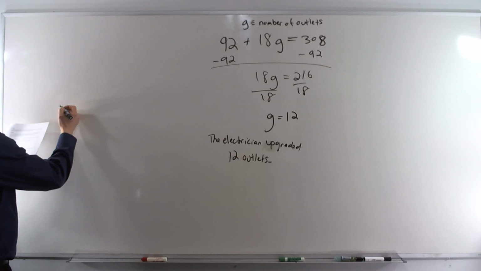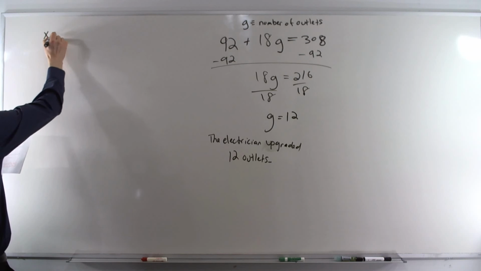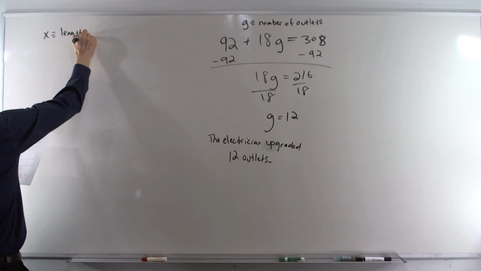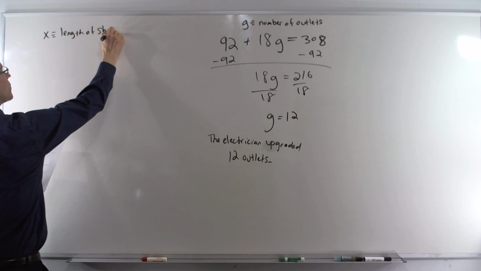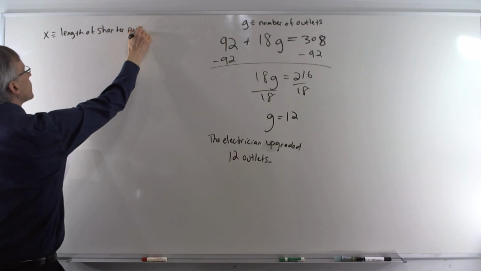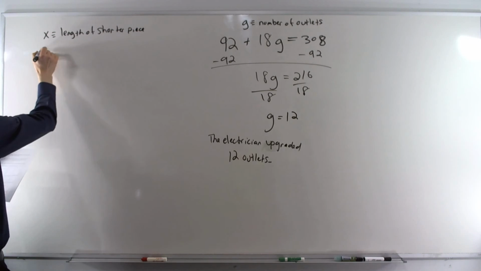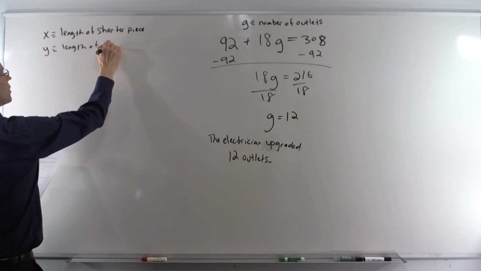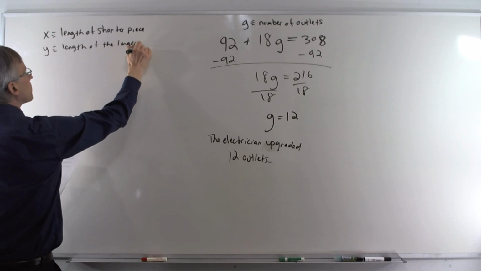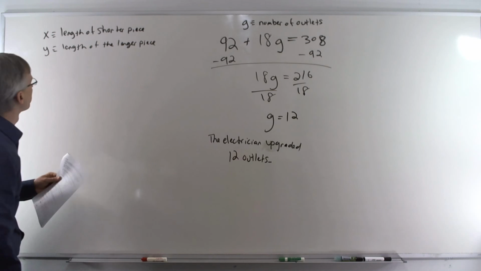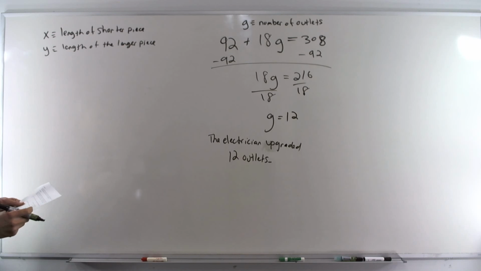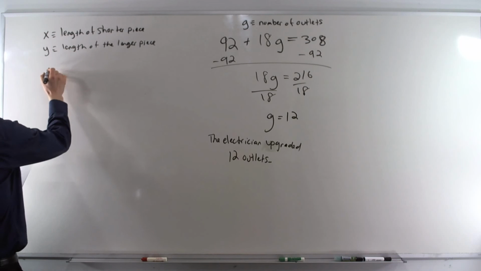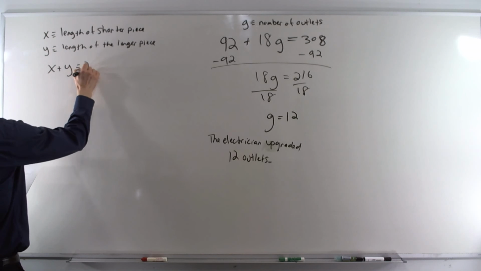So I'm going to define two variables to start. x will be the length of the shorter piece, and y will be the length of the longer piece. We know the piano wire is 24 inches long, so if we add these two together, x plus y equals 24.